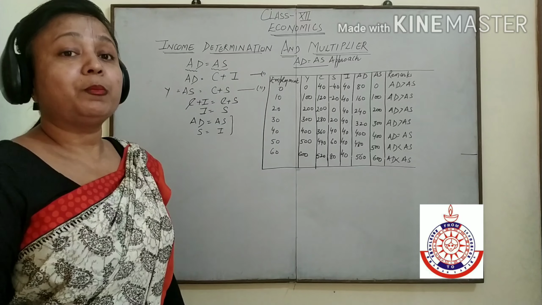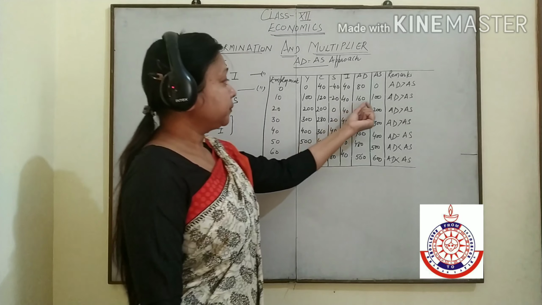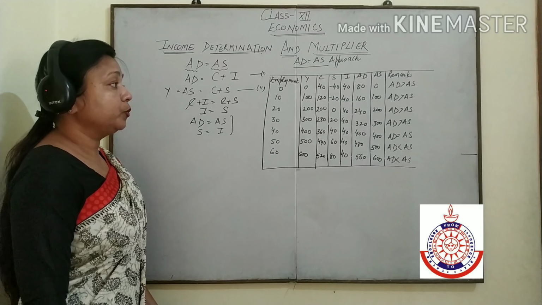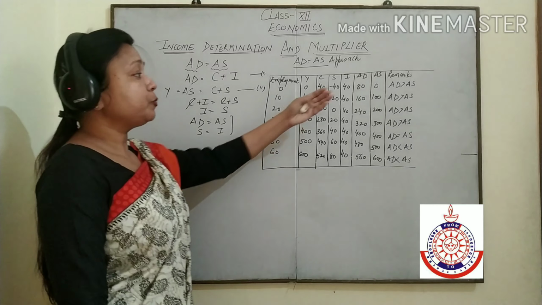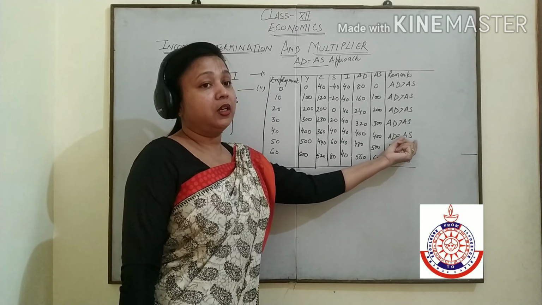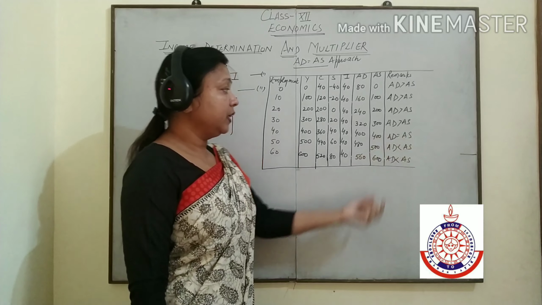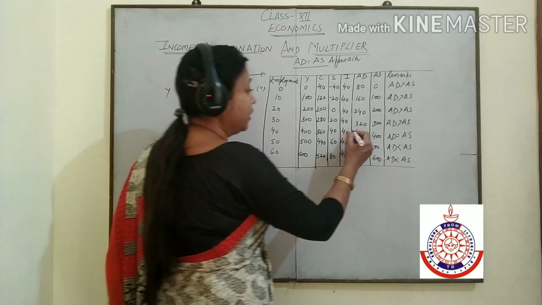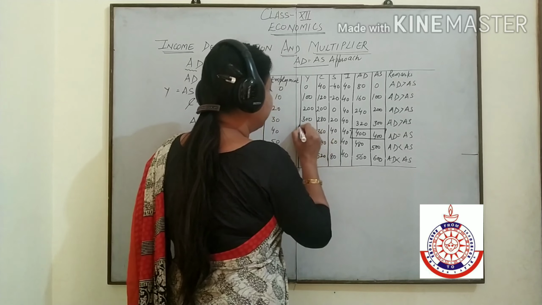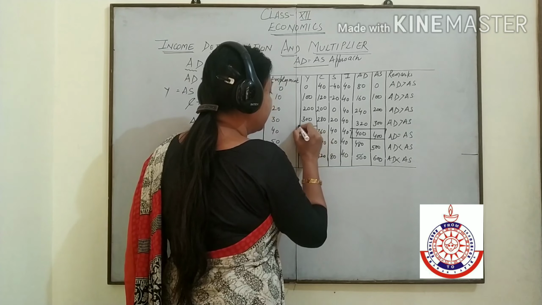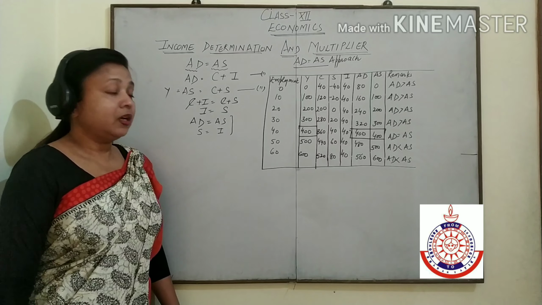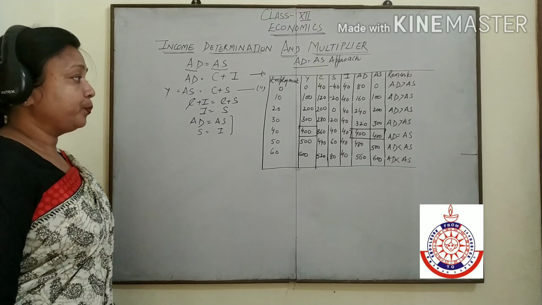Now the producer plans more output in the future, and this process will continue until aggregate demand is equal to aggregate supply. At this income level, aggregate demand and aggregate supply both are equal.